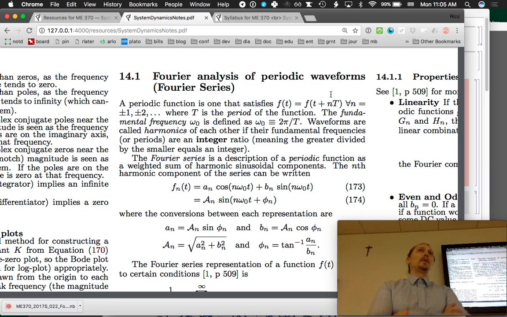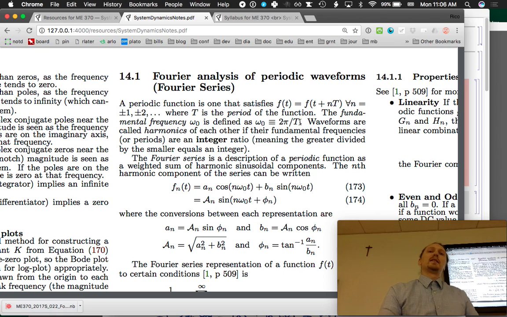So it's equal to itself if you go one period away, or any number of periods away. The fundamental frequency, omega 0, is defined as 2 pi divided by the period.